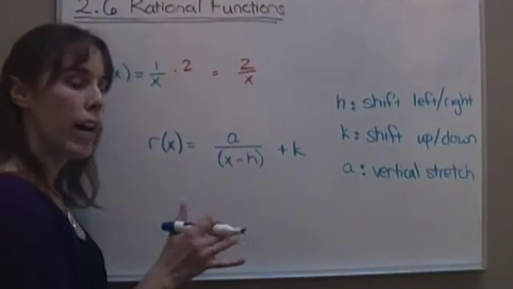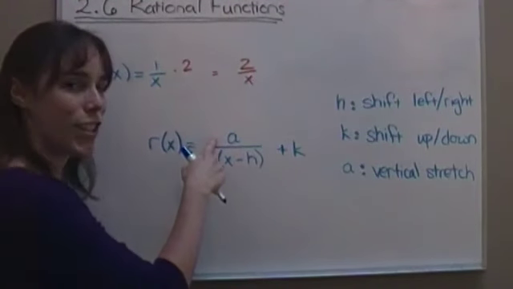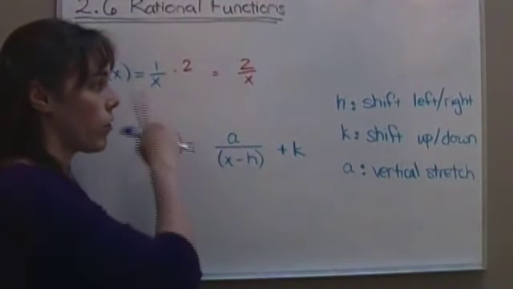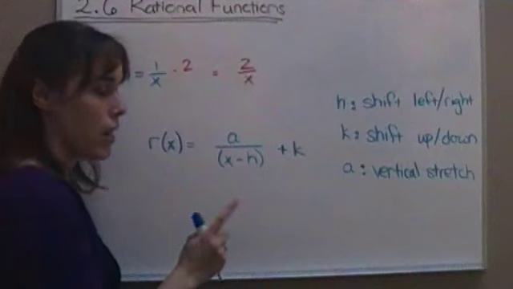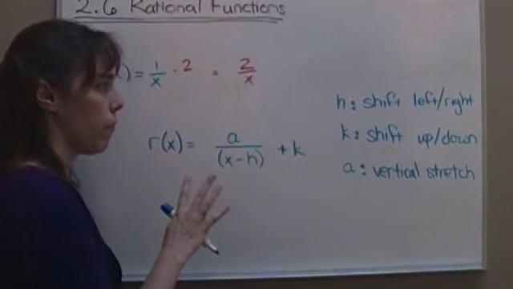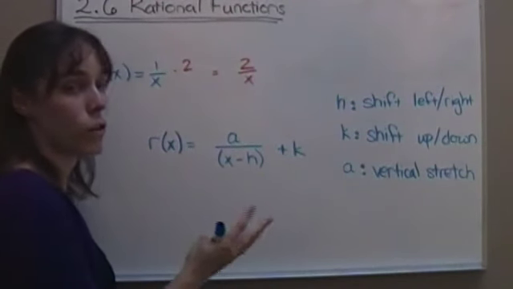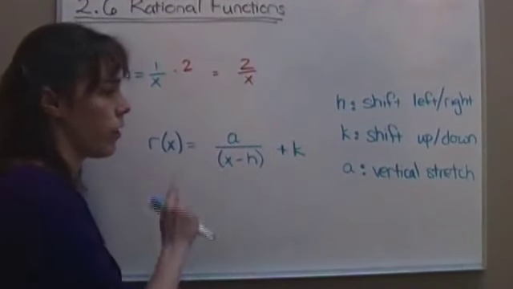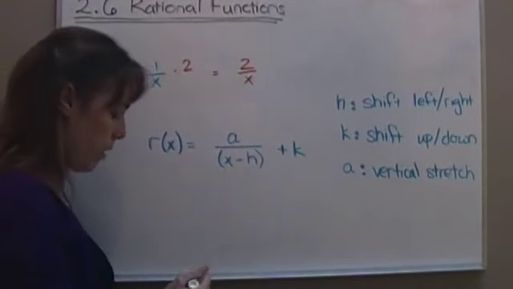This is true if you have a linear function over a linear function. The instant you put quadratics into this whole process, the functions are much more complicated. So as long as this is linear over linear, you're good, and it's pretty simple.